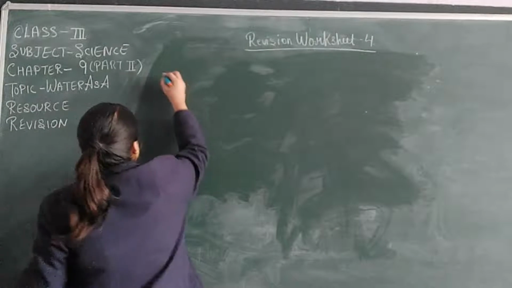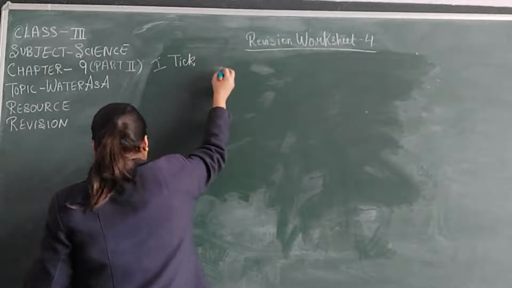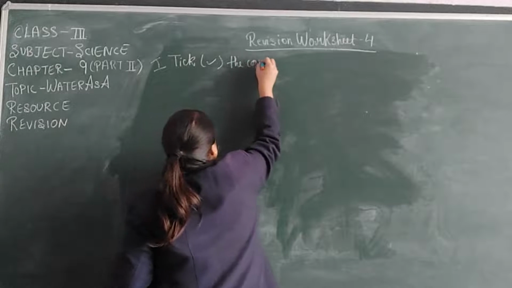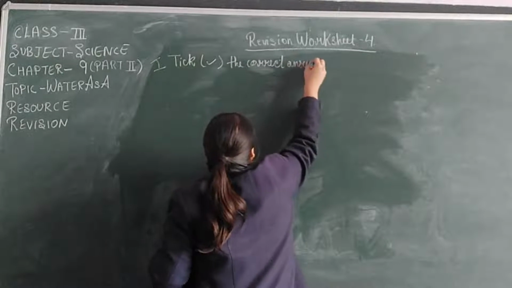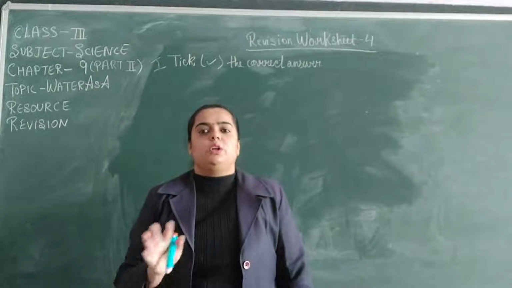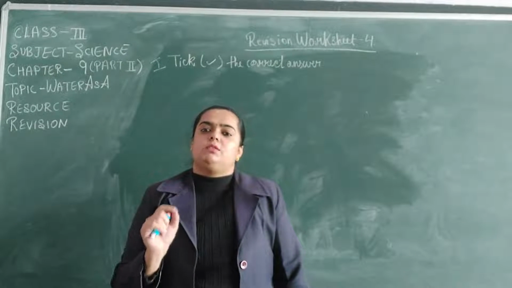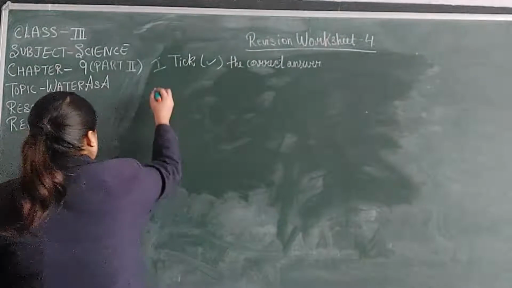Now the first question is, tick the correct answer. Children, here I will be writing questions with two options, what you have to do is read the questions, read the options, and whichever option is correct, you have to tick mark that option. Okay?